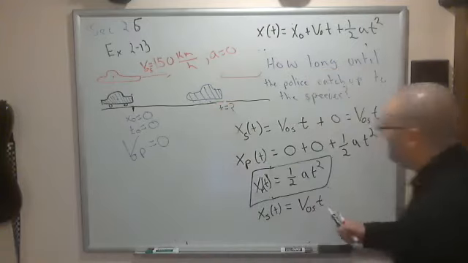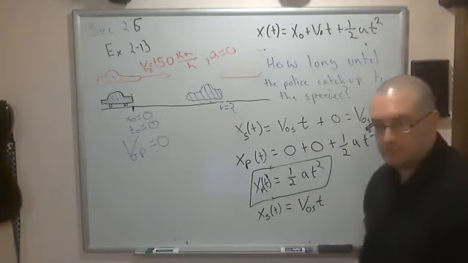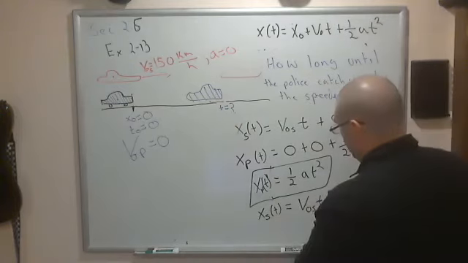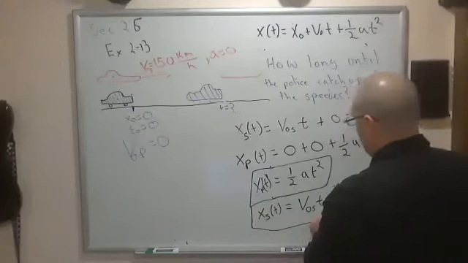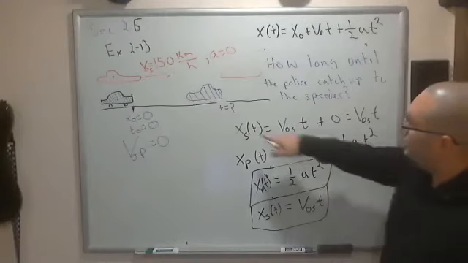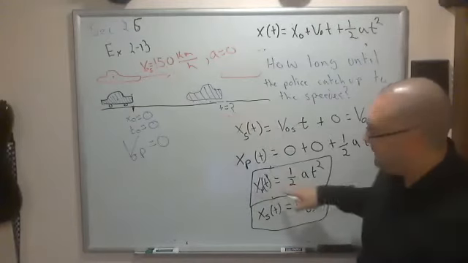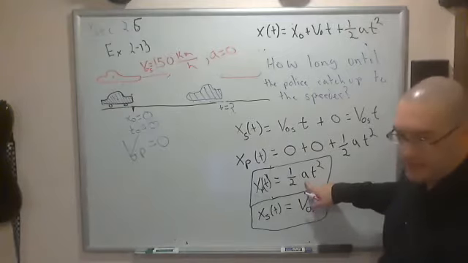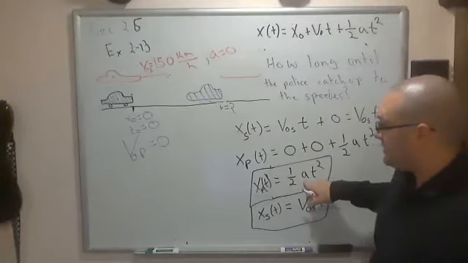Right. So how many unknowns do we have? What do we know from here? We don't know t, right? What else don't we know? Do we know a? No, it wasn't given to us.